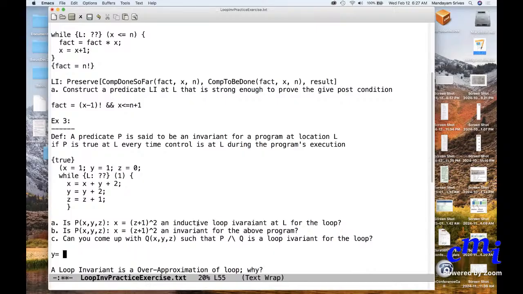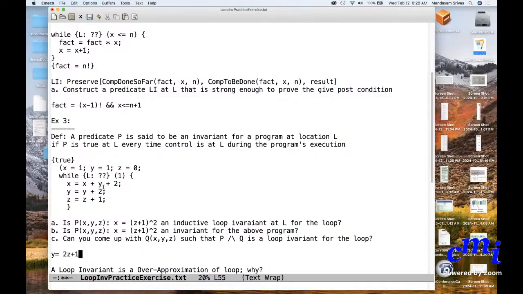With that, if you strengthen this, then this whole thing will be inductive.